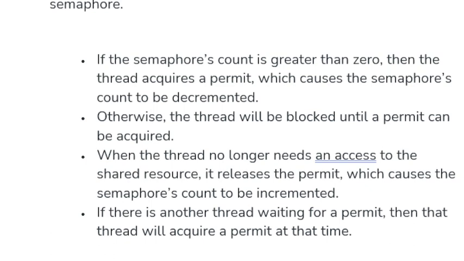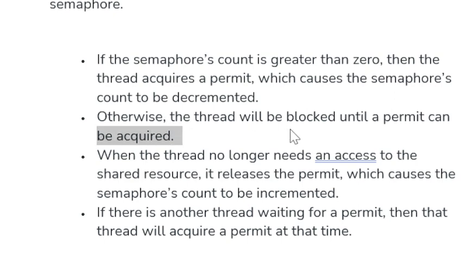Suppose one thread accesses the resource. Then the counter will be decremented as it allows a thread. If a thread releases the resource, the counter will be incremented. Otherwise, the thread will be blocked until a permit can be acquired.